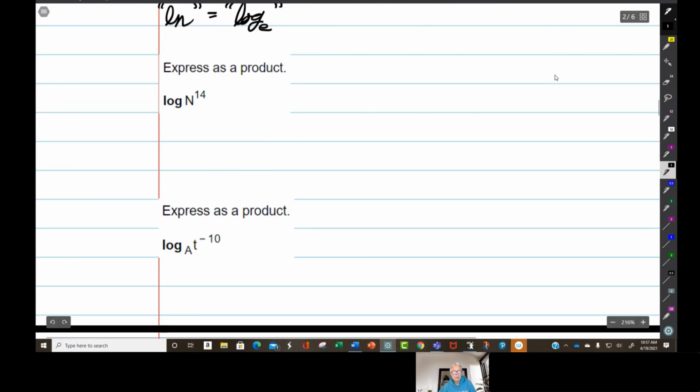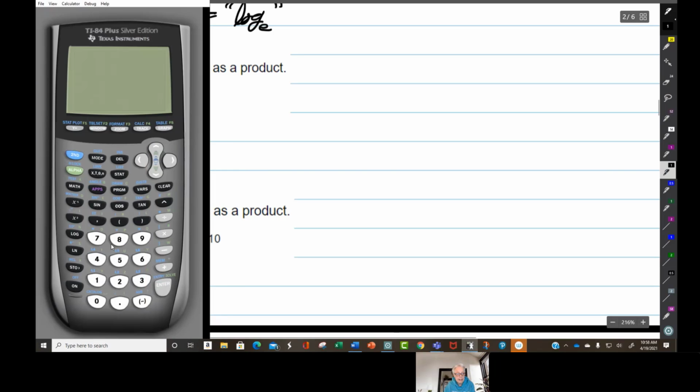Okay, now this is log of n. Where's the base? The base is understood to be 10 if you don't see a base written down.